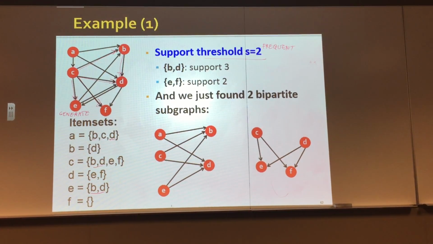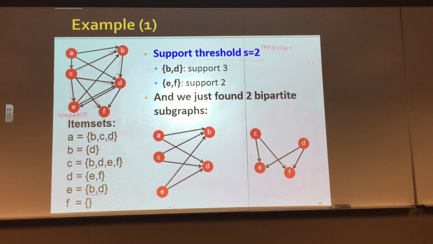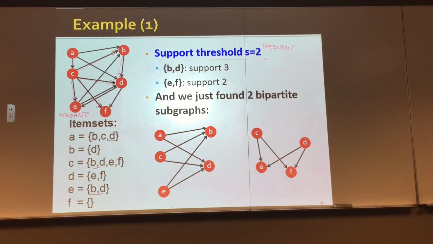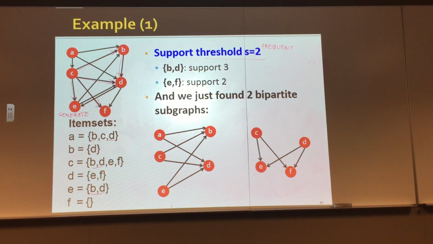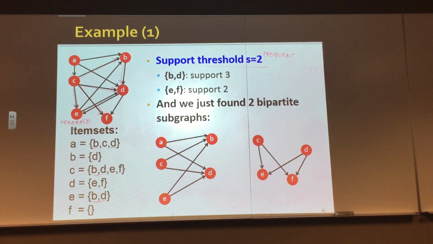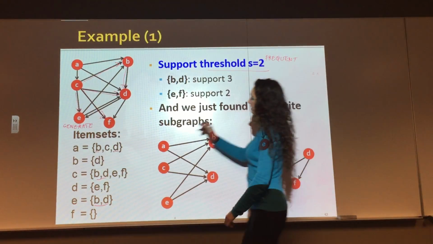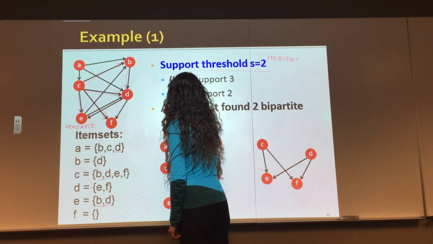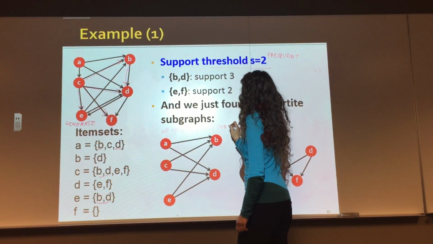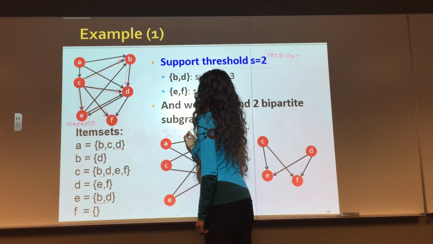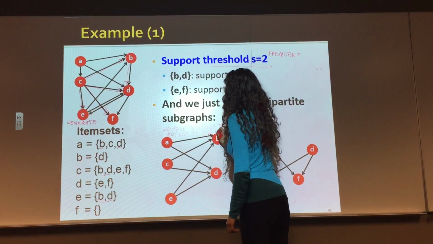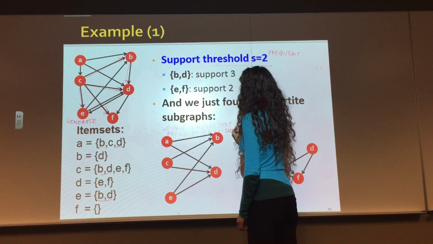So, how do we generate the bipartite graphs for these? We have 3 nodes. If the support for B and D is equal to 3, this means that we have 3 nodes that point to B, D. Because support is equal to 3.